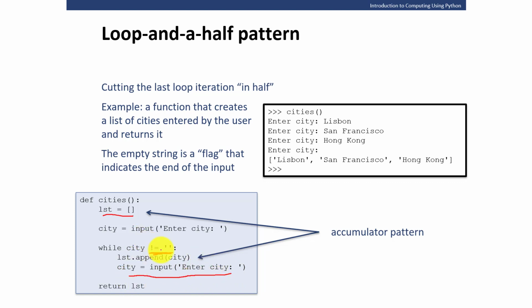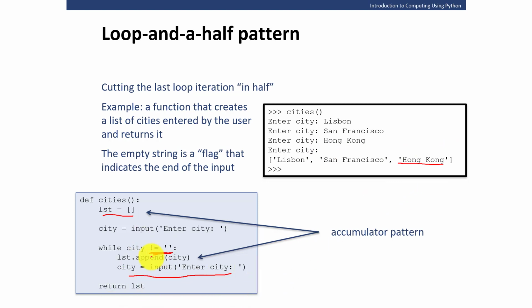We check if he entered another city, like the case of Hong Kong, so it's appended, or if he entered nothing, in this case the list will be returned, and that's it.